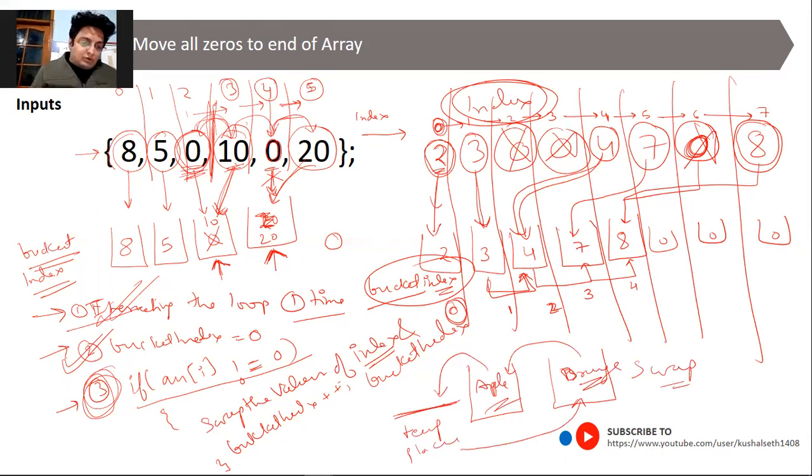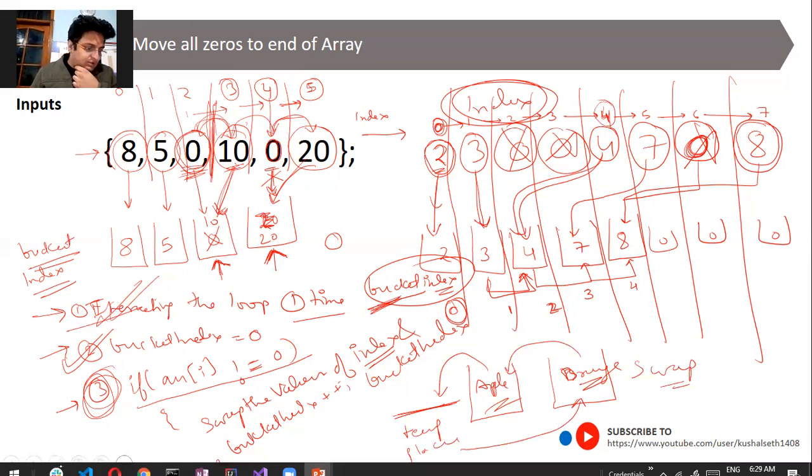So what we have to do is, in the bucket index, we have to put our non-zero value, correct? Non-zero value means this, like when it is 4, if you see here this 4.